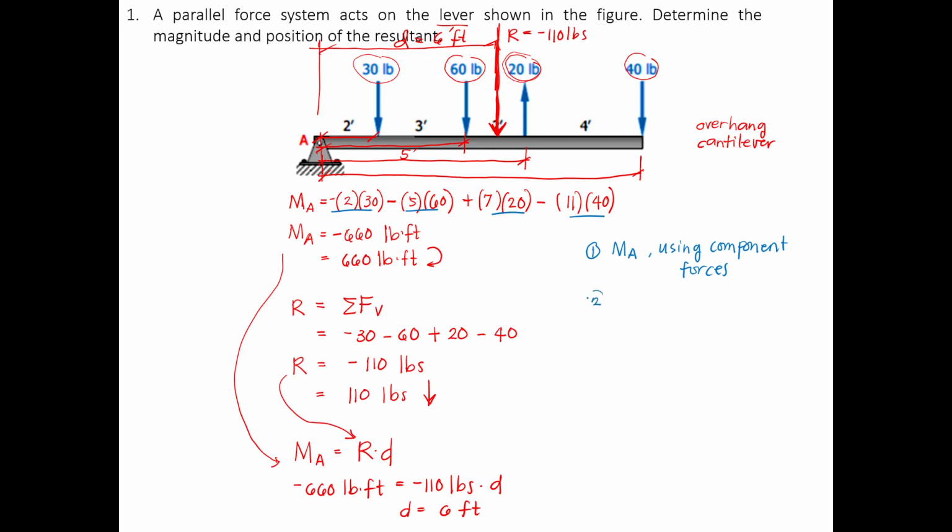And then second, we got the resultant force, the summation of vertical forces, since all our parallel forces are in the vertical direction. And then lastly, we got the distance using the moment through the resultant force.